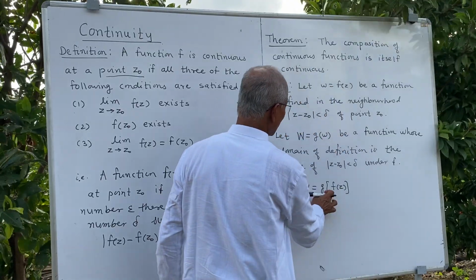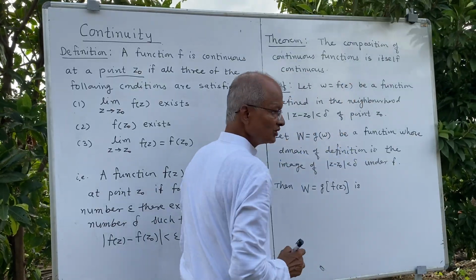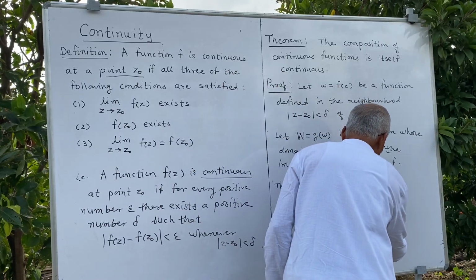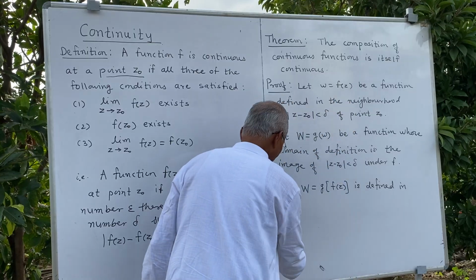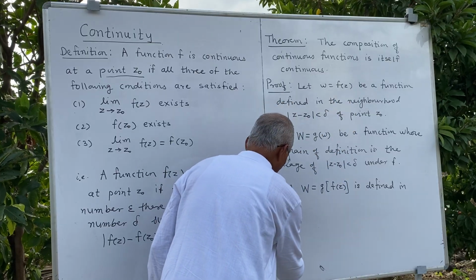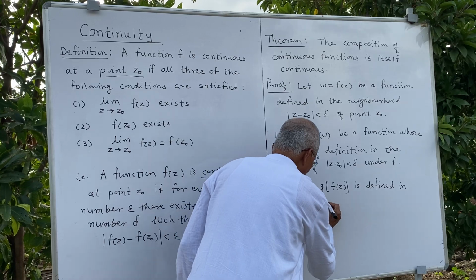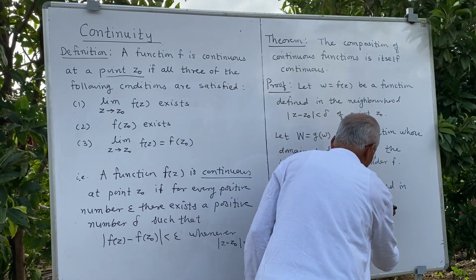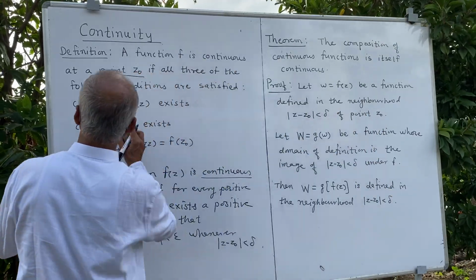Here w is f of z and capital W is g of w. Then W equal to g of f of z is a function which is defined in the neighborhood of the absolute value of z minus z naught less than delta, and we will draw a figure for this.